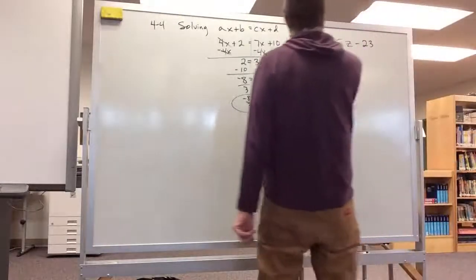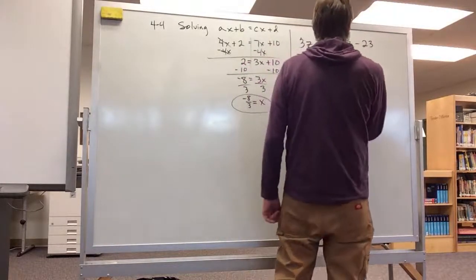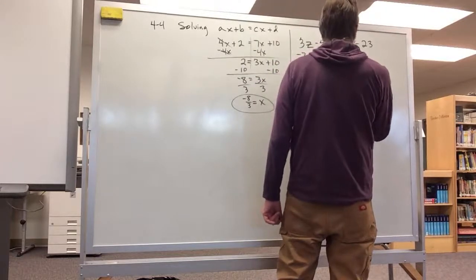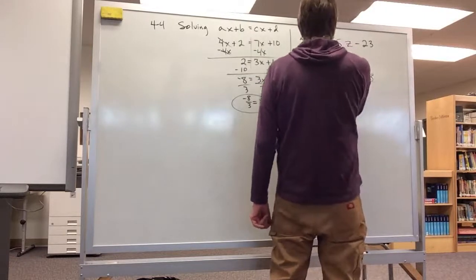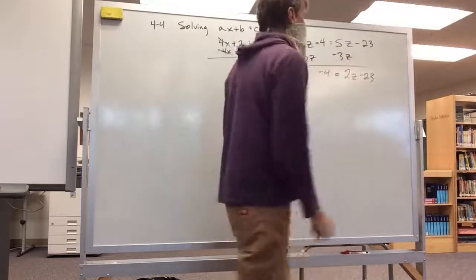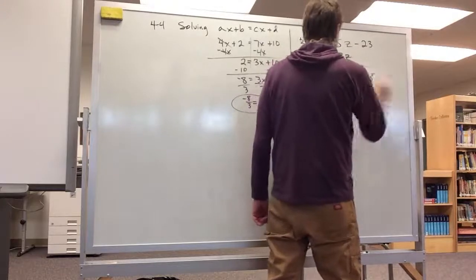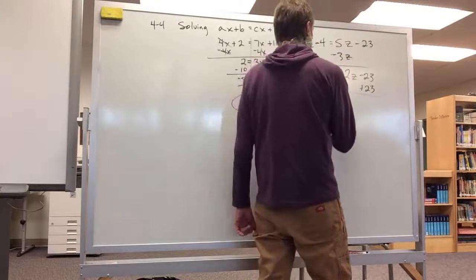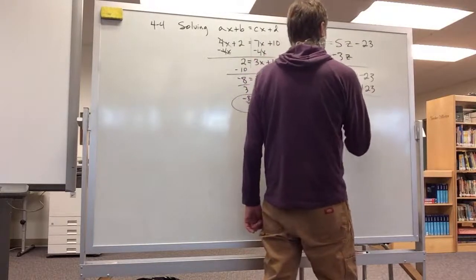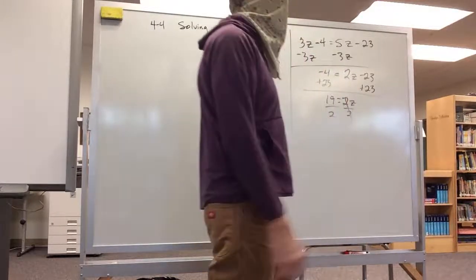You take care of the 3Z. You can't forget to pull that negative down. Yep. And now when you add 23, that's 23 minus 4. 19, divided by 2. Z is 19 halves.